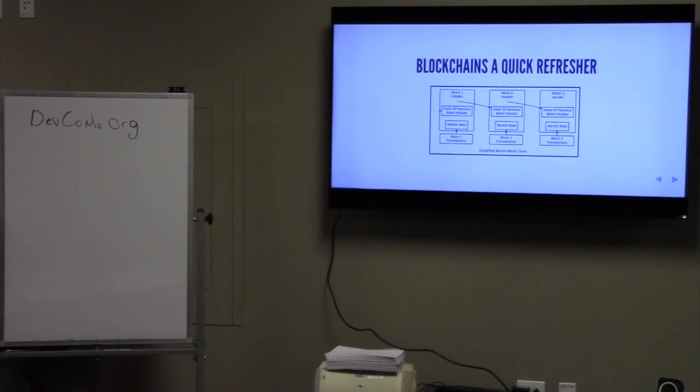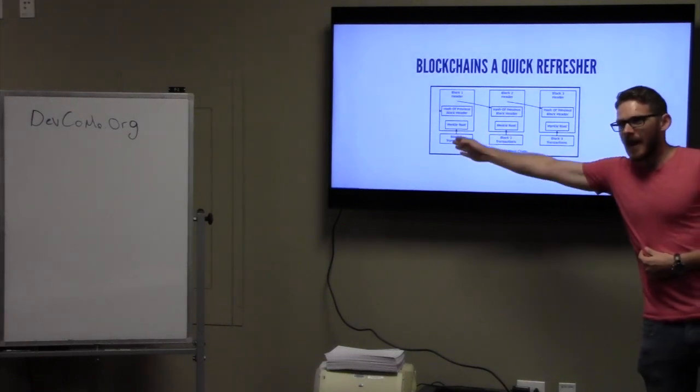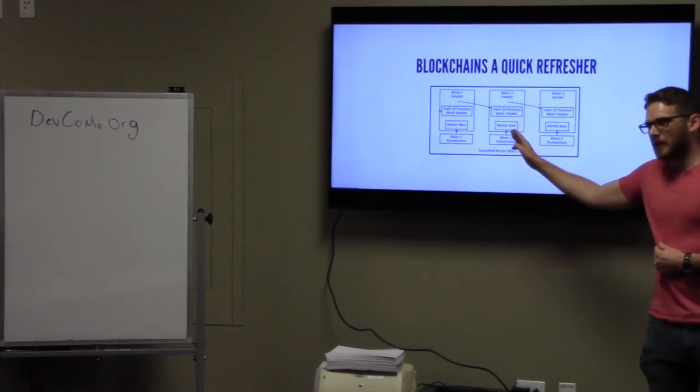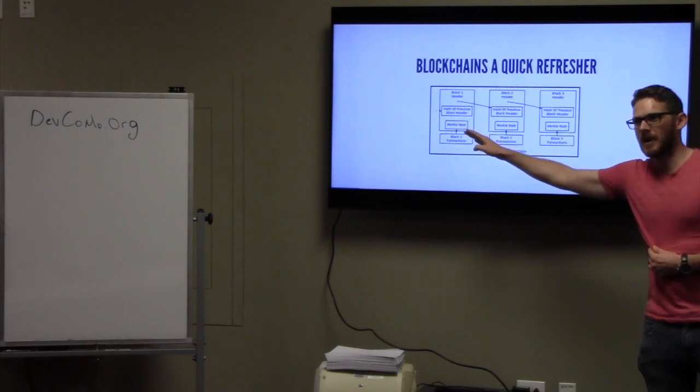And just a quick refresher on blockchains themselves. I don't know if any of you were here during that presentation, but in a blockchain, you have a header, and the whole idea is that if block 2 is created, block 2 guarantees that block 1 had to be created before block 2 was, and that none of the data inside of block 2 has changed.